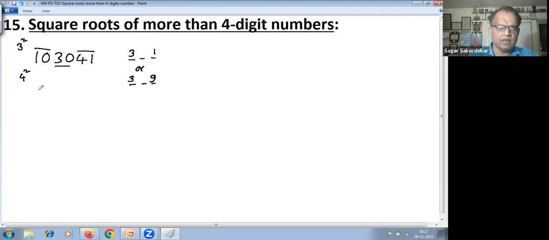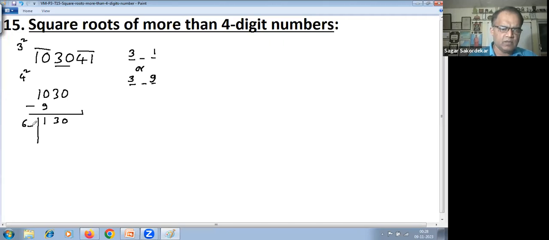For that, we said you take the first two parts of this number, take the square of the first digit and subtract it from the first part, only from the first part. So 10 minus 9 is 1. So here it is 130, and that you have to divide by double of this. Double of 3 is 6.